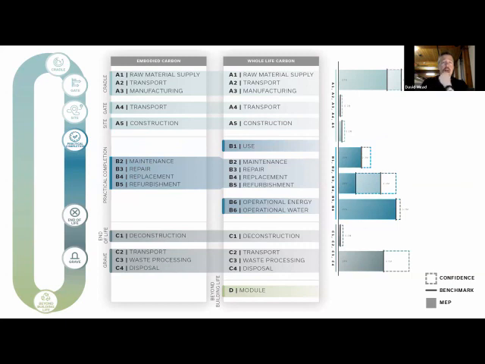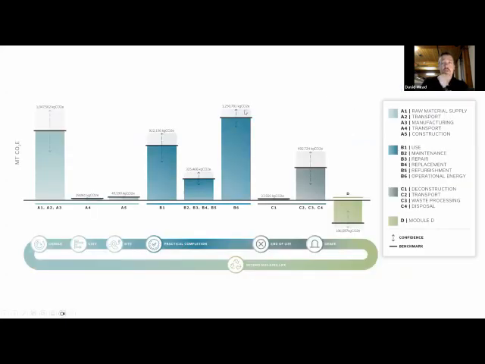I guess one other thing to note is on the operational emissions, we have much higher confidence in estimating operational emissions based on years of energy modeling and being able to track projects. We can be quite confident that we'll be within a small range of performance as long as we get the right inputs on the owner side, but embodied carbon can be quite a bit different.